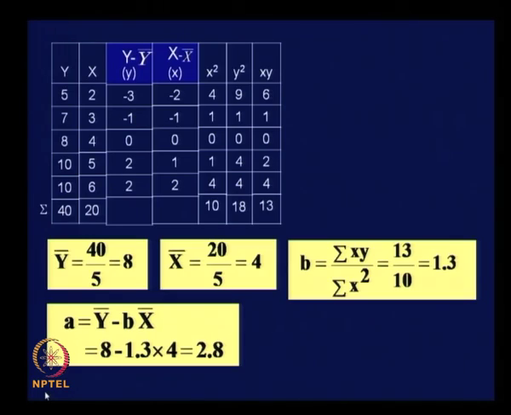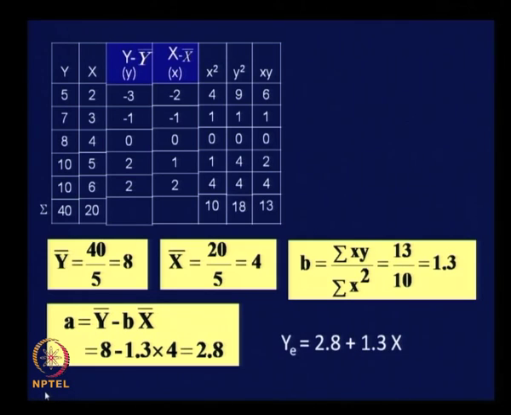Now we know the values of a as well as b, so we can even write the regression equation. This is the regression equation: Ye is equal to 2.8 plus 1.3x, right.